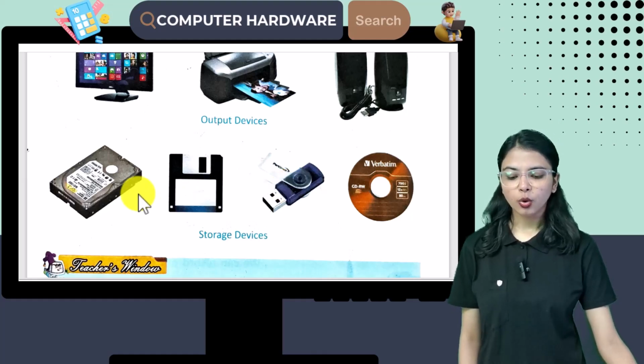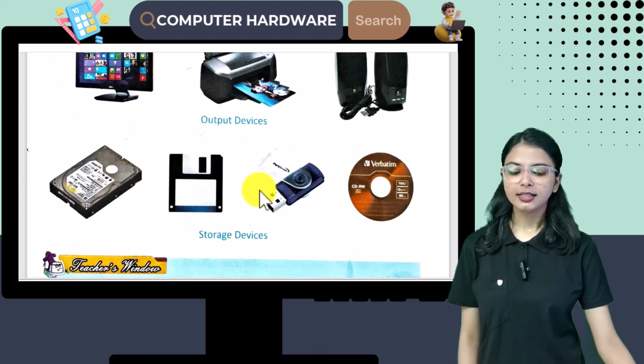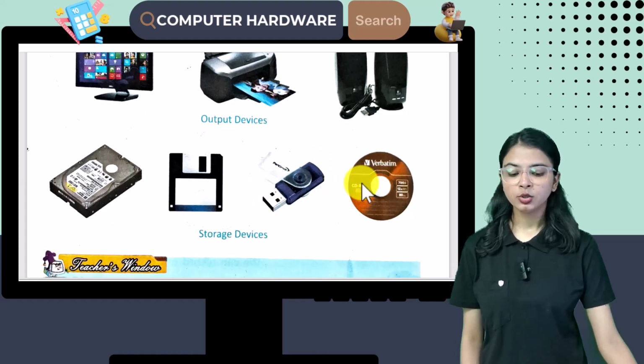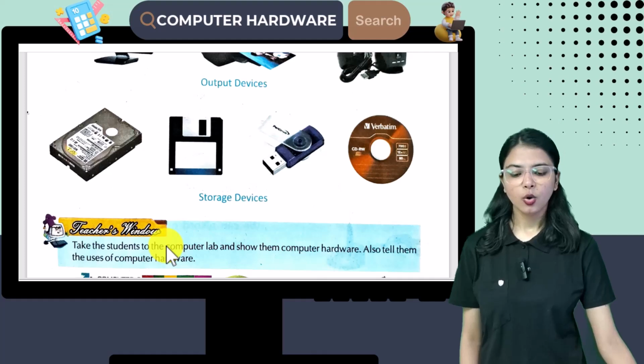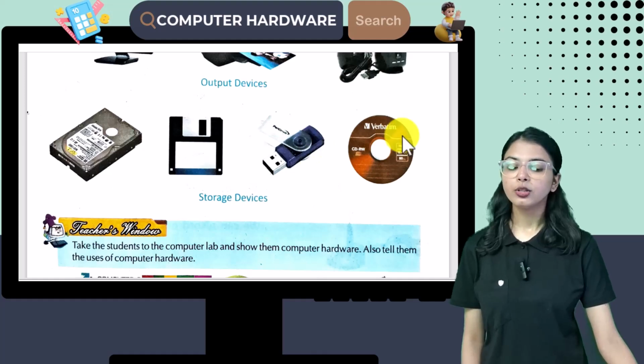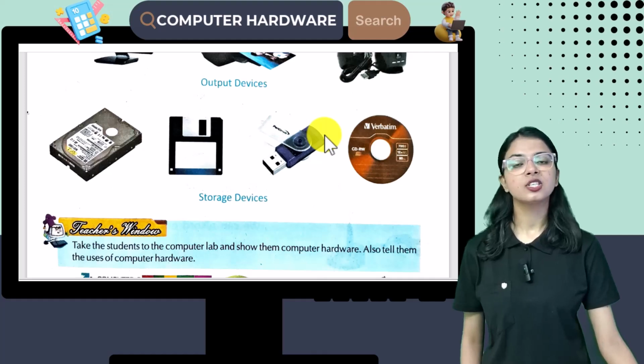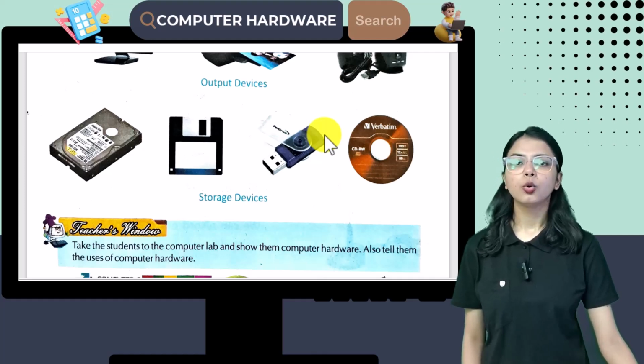First is hard disk, second is floppy disk, third is pen drive and fourth is CD drive. So these are the storage devices which are used to store data.